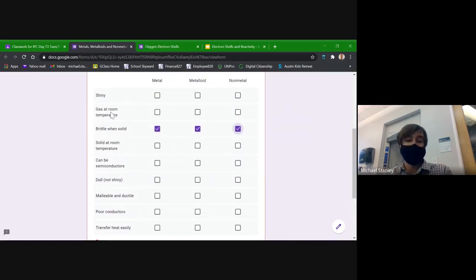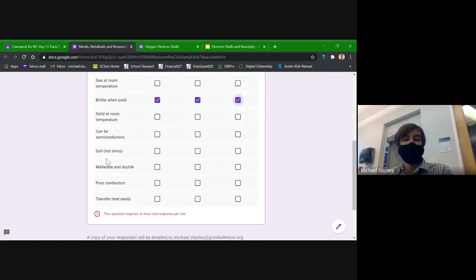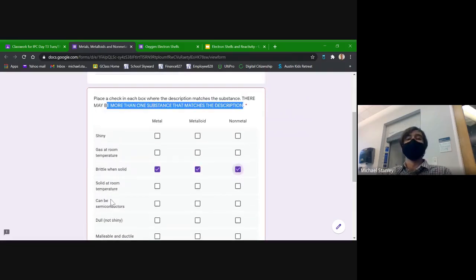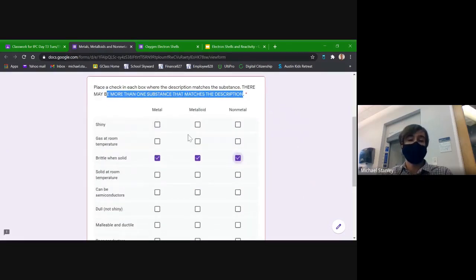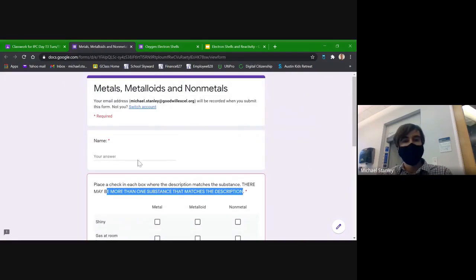Which ones are gases? Which ones break easily when they're solid? Which ones are solids? Which ones are known to be semiconductors? Which ones tend to be dull? Which ones are squishable and pullable? Which ones are bad conductors? And which ones easily transfer heat? So you just go through and check off each one that fits the description.